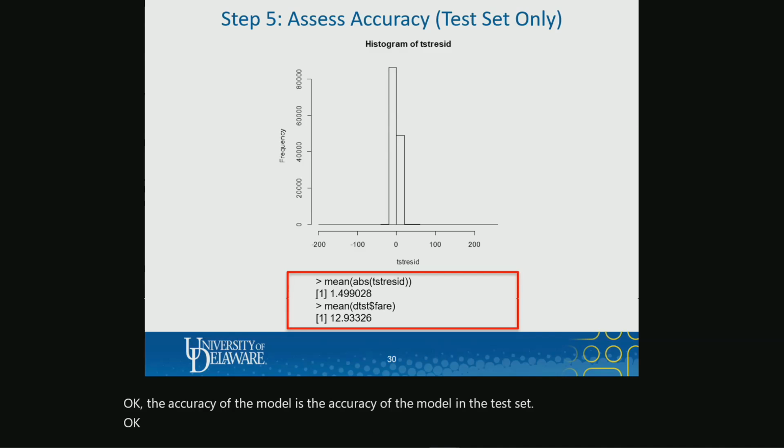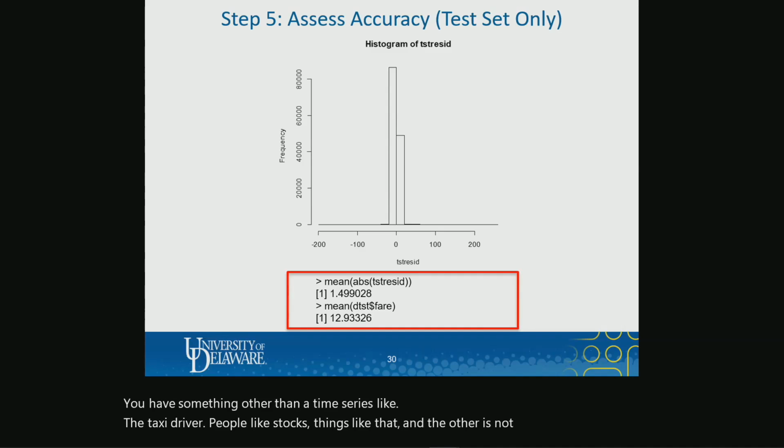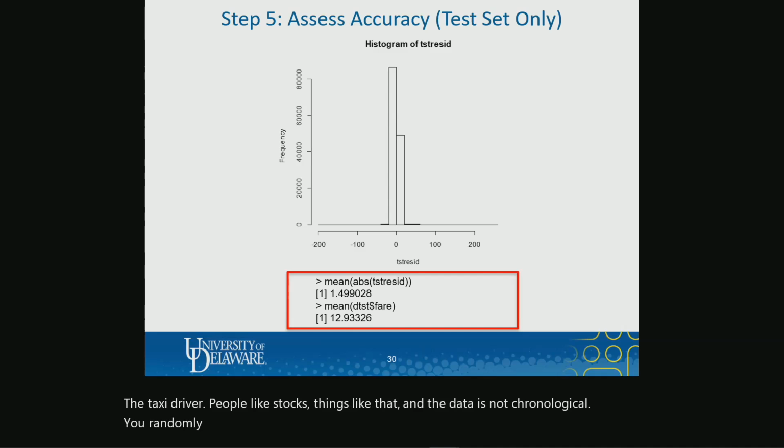Okay. So I should mention something important. When you don't have a time series, you have something other than a time series, like the taxi driver, like people, like stocks, things like that, and the data is not chronological, you randomly select 70% of the data for training, right?